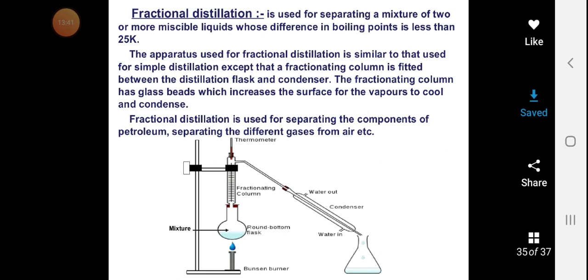The apparatus used for fractional distillation is similar to that used in simple distillation, except that a fractional column is fitted between the distillation flask and the condenser. The fractional column has glass beads which increase the surface for the vapors to cool and condense back.